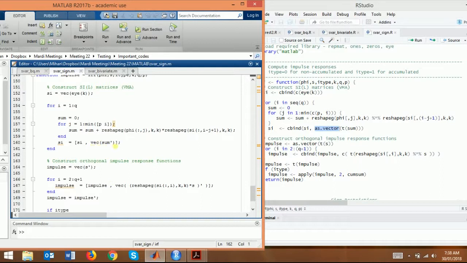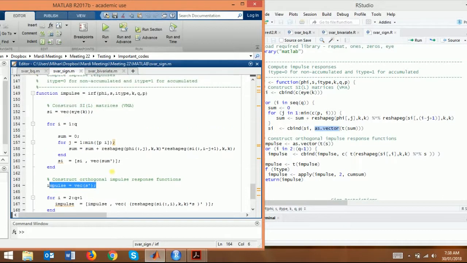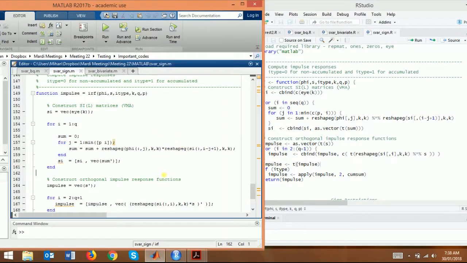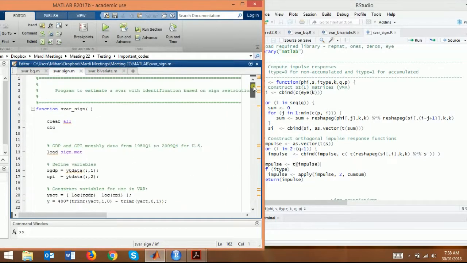So remember why did we do transpose? So that the elements follow that order. So we have S now. The impulse is S transpose. Where is S? S has been mentioned before in our question.